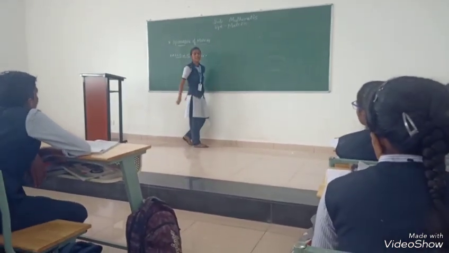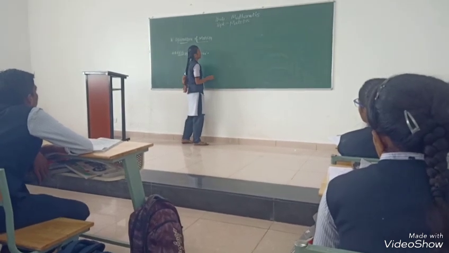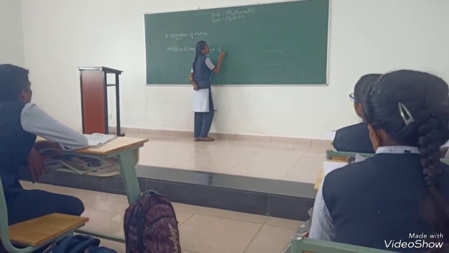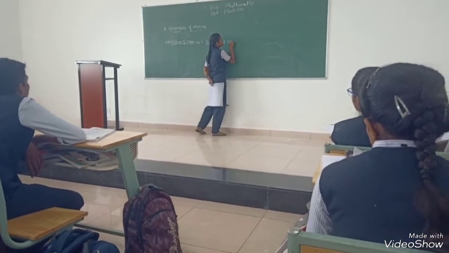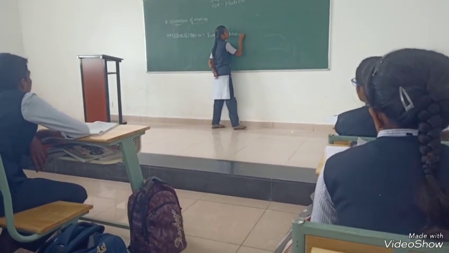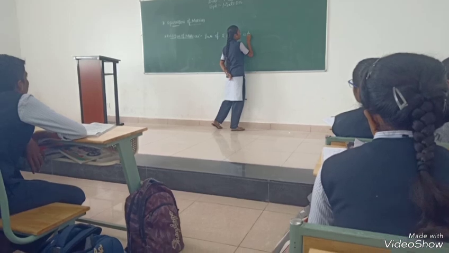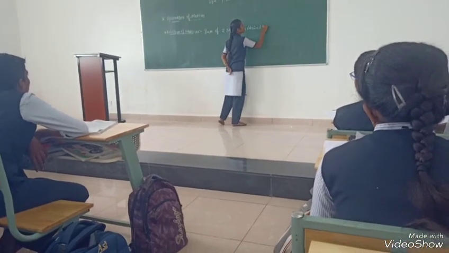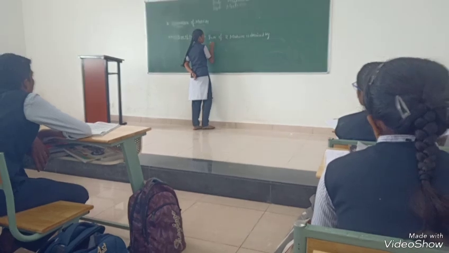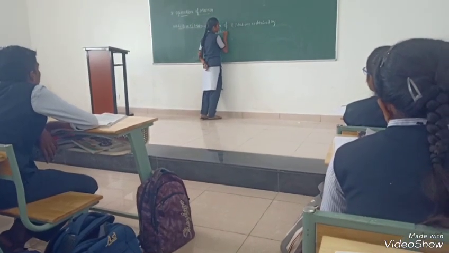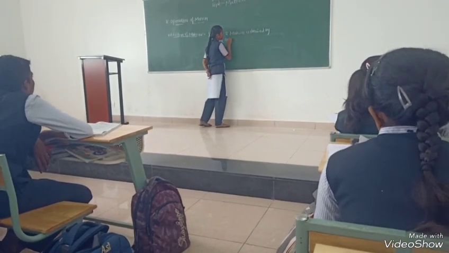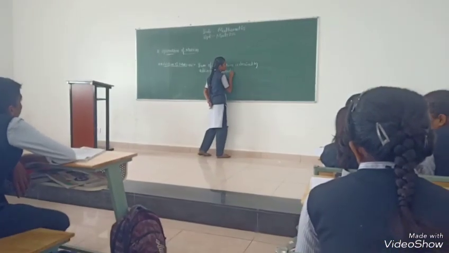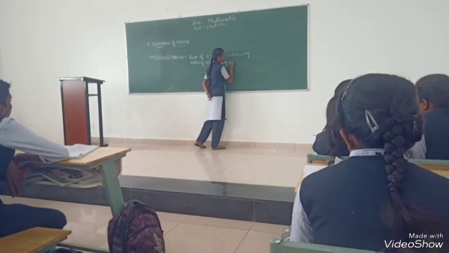Addition of the matrix. Definition of the addition of the matrix is sum of two matrices is obtained by adding corresponding elements of two matrices.